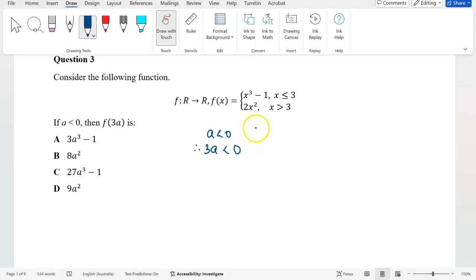So less than 0 in this case, you want to use the first equation, less than or equal to 3. So you are going to use equation number 1. You are going to find your f(3a), that will be 3a cubed minus 1, that will be 27a cubed minus 1.